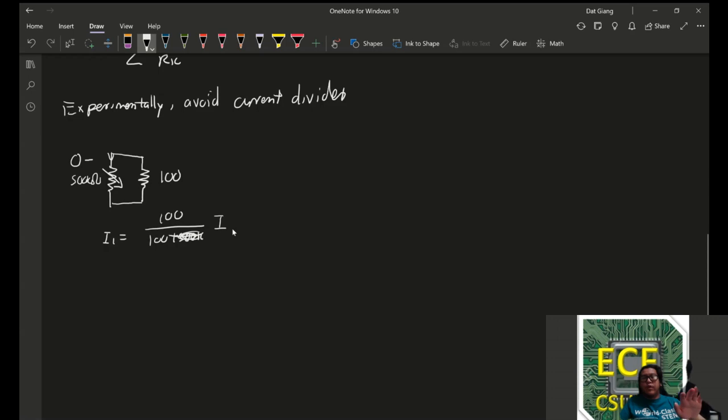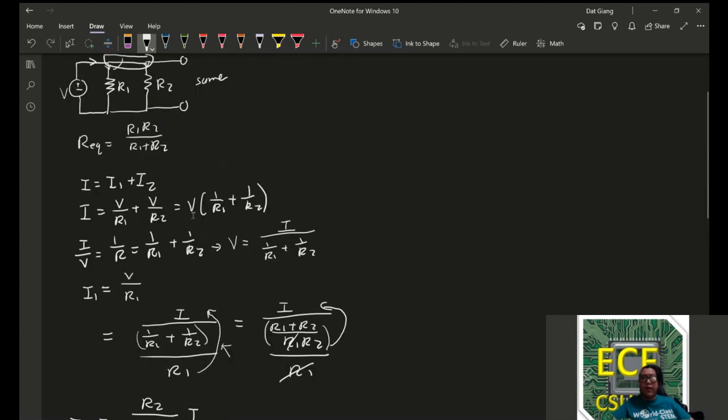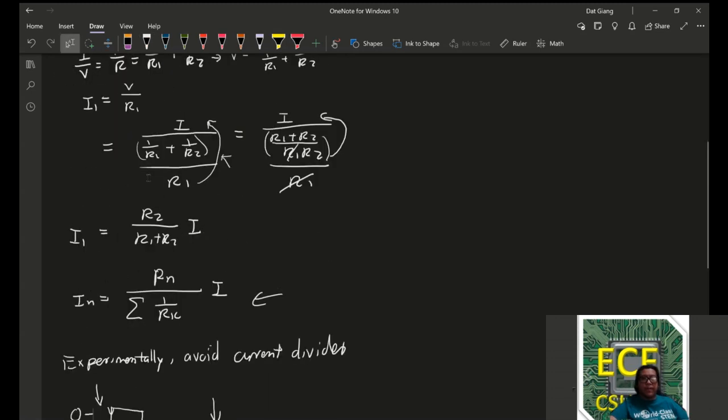Then we have just I1 equal to I. And this will basically flood current through this junction and may damage your circuits. So we would always want to avoid a current divider experimentally, but theoretically, this is how we construct a current divider.